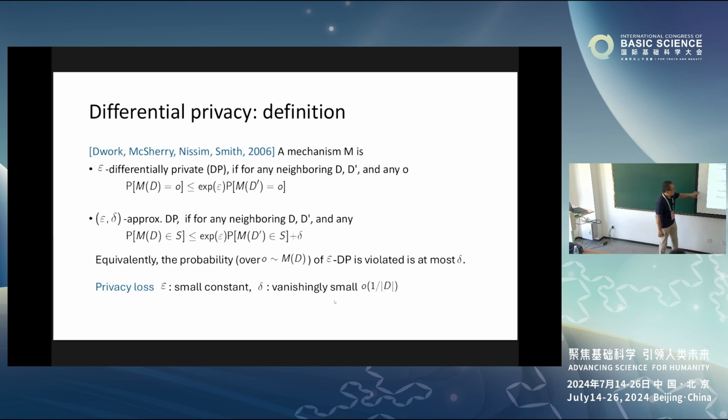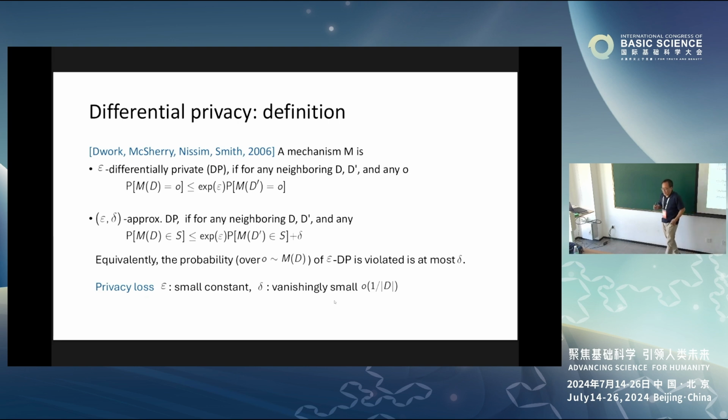So it turns out this first, original definition is also called pure differential privacy. Sometimes it's not too easy to work with. So there's also a notion called approximate differential privacy. Intuitively, it has some definition, but intuitively it is just: except with a very small probability, and this probability is over the output over some data set, right?